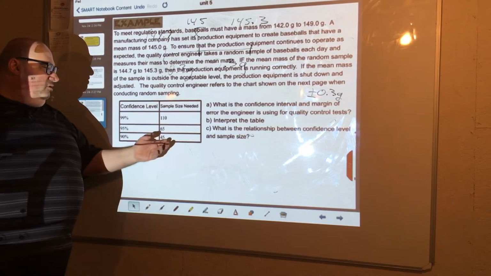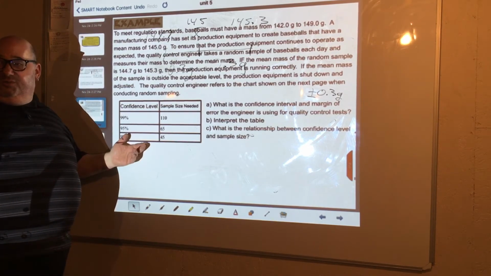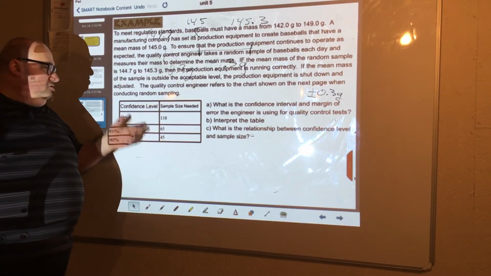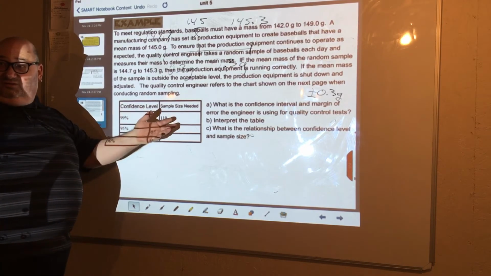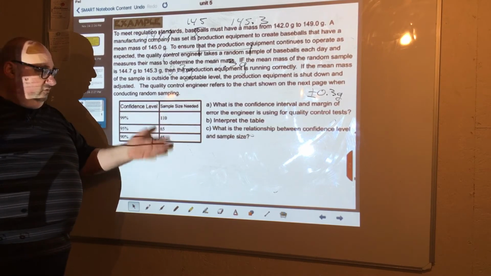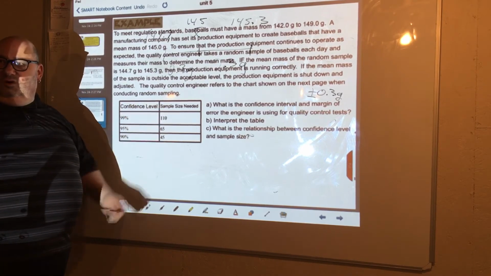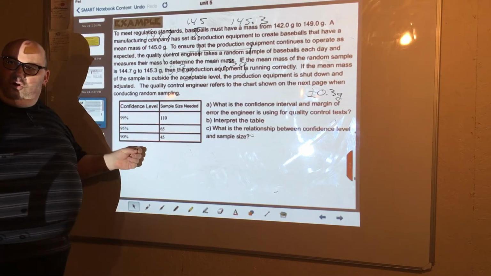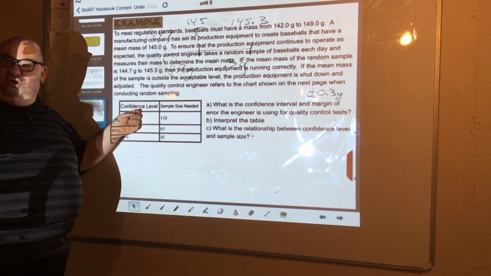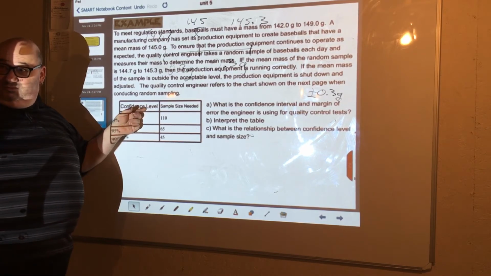Well, how many balls do we need for 90% confidence? 45 of them, yeah? To be 99%, we need to test 110. That's a lot more balls, yeah? That's like more than double. So, as we go from 90% up in terms of confidence, we need to test more balls, yeah?